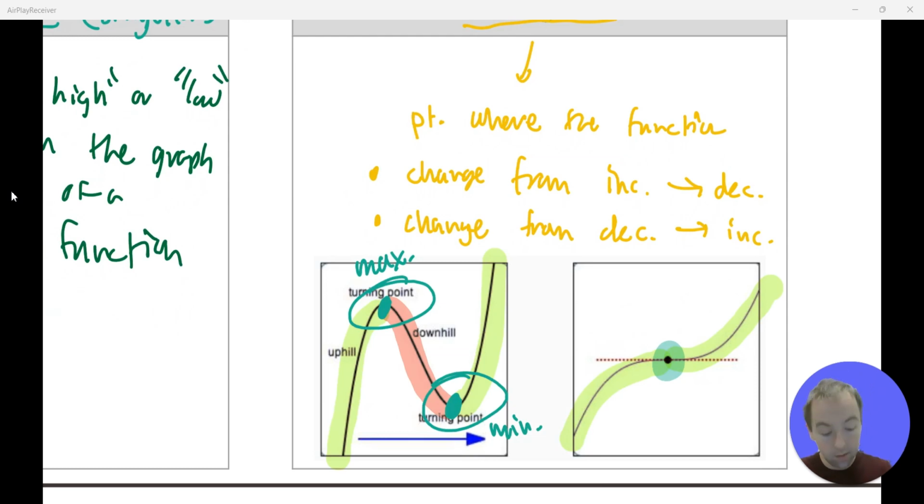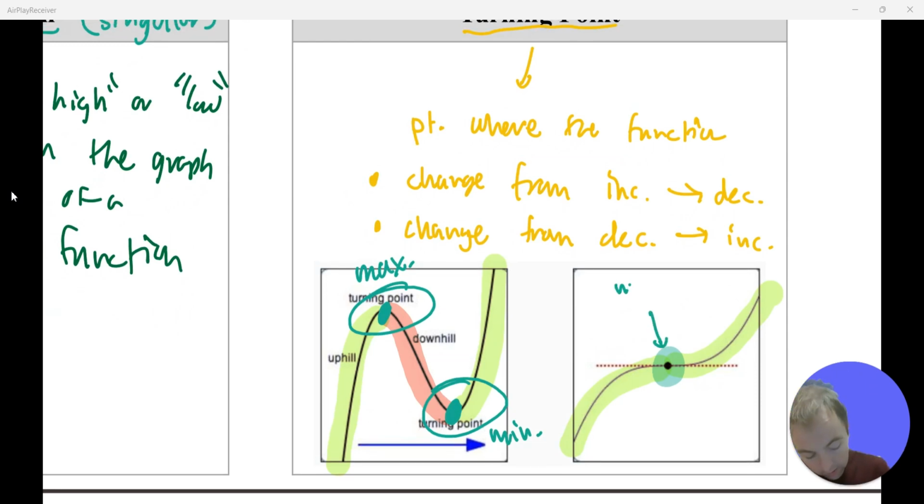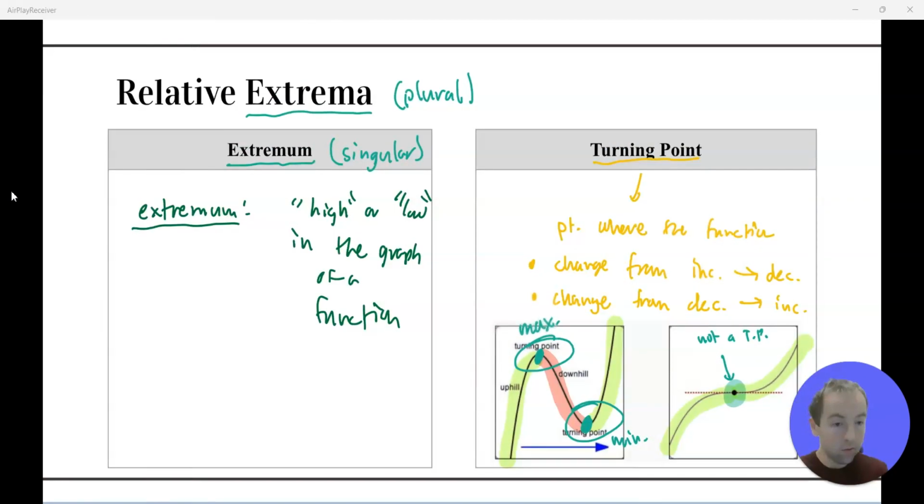It kept on increasing. So this point right here is not a turning point in the graph of that function. So it's not going to end up being an extremum in the graph, right? It's not a minimum. It's not a maximum. Okay. So it does have another name, but we don't need to get into that quite yet. So just recognize that those sorts of points are not going to be any extreme points in the graph of a function.